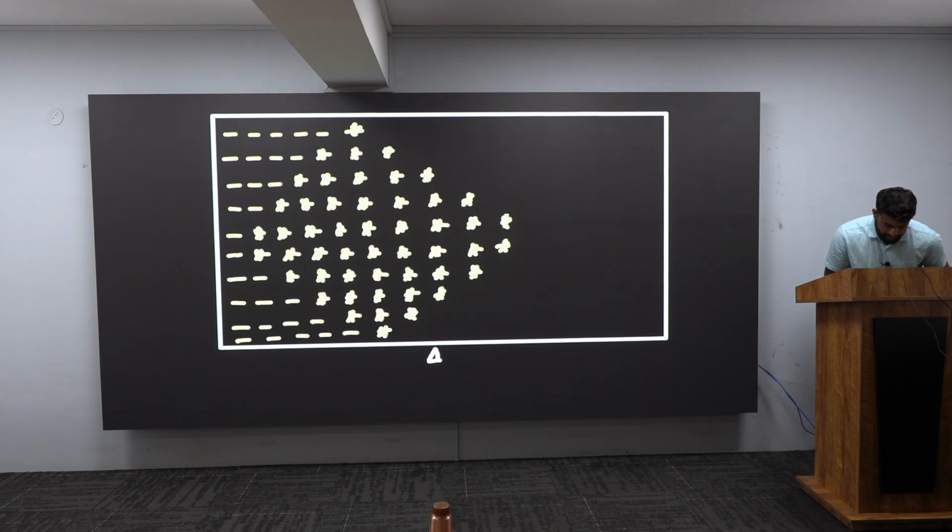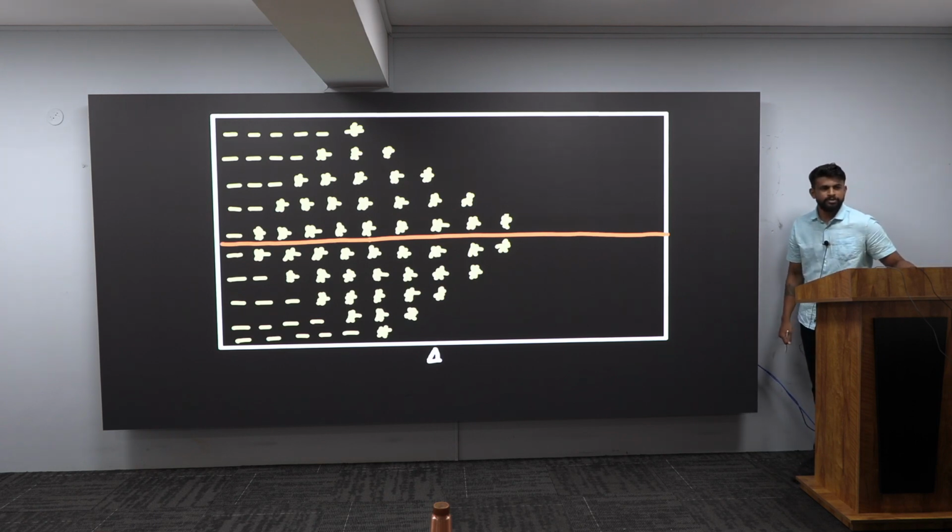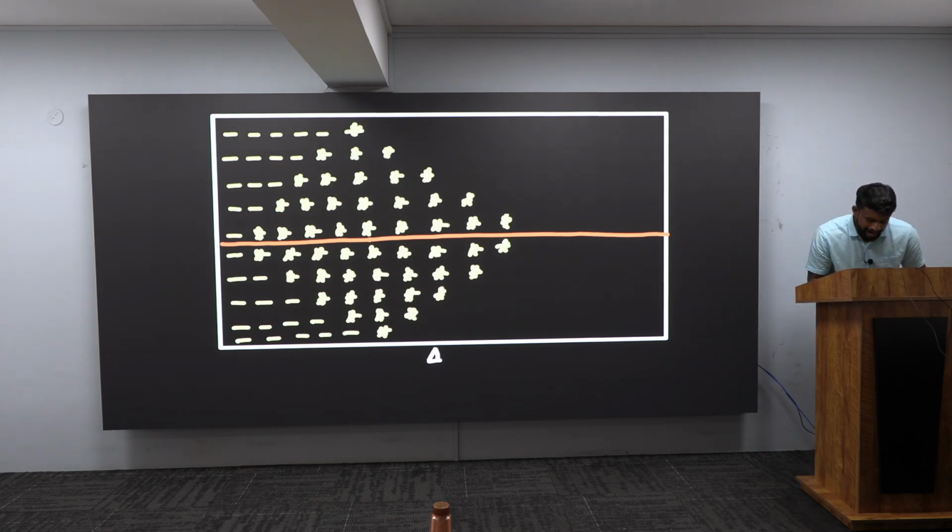If you notice here, I can divide this entire pattern into two like this. Can I do that? Yes or no? Very good. I can call this fellow pattern 1. I can call this fellow pattern 2.